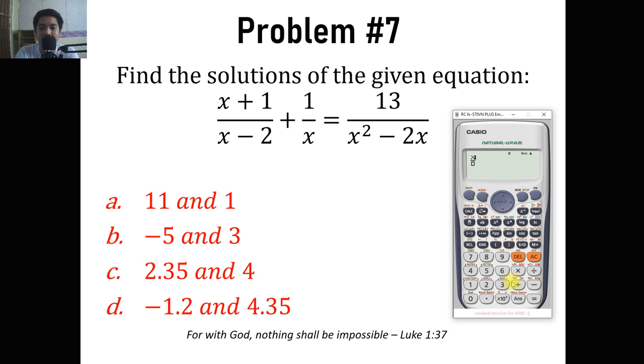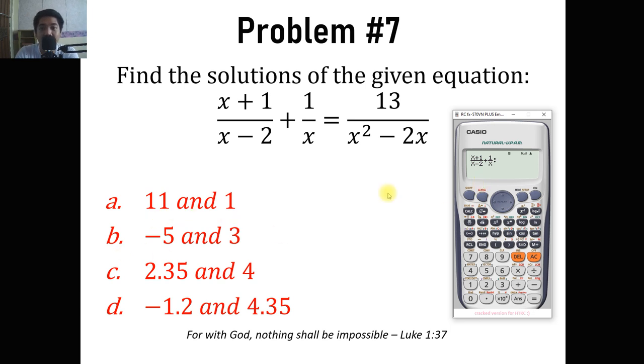So we have alpha. We are going to type this equation on the left side, and then x minus 2, and then plus 1 all over x, alpha x. Instead of putting an equal sign, I'm going to put a colon. The purpose of the colon is, first, if we calculate this first equation on the left side, we're going to give some values of x, and that x we will draw from the choices.